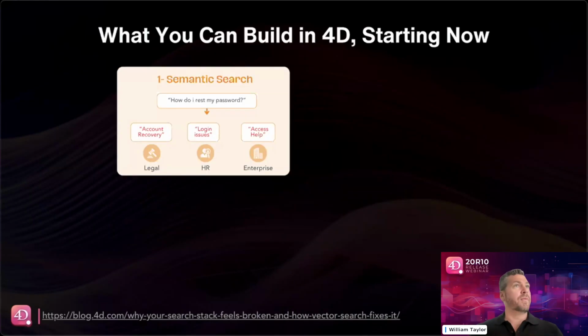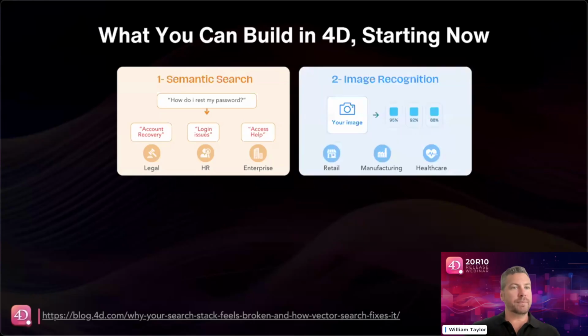So what can you build with vectors in 4D right now? Semantic search that understands meaning, not just keywords, perfect for matching user questions to the right legal clause, HR policy, or enterprise document. Think about the search bar at the top of KB, for example. Maybe things like that. Image recognition that reads visual patterns, useful for retail product marketing, identifying parts in manufacturing, or assisting diagnosis in healthcare.